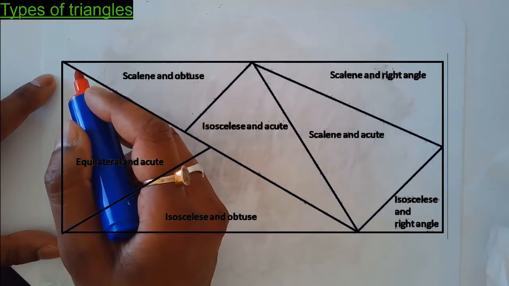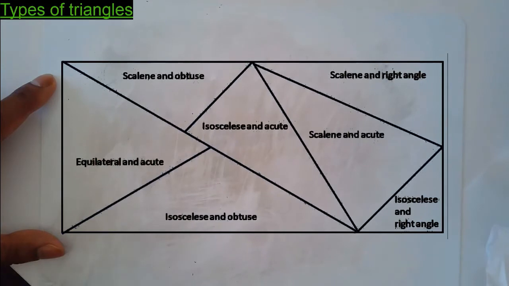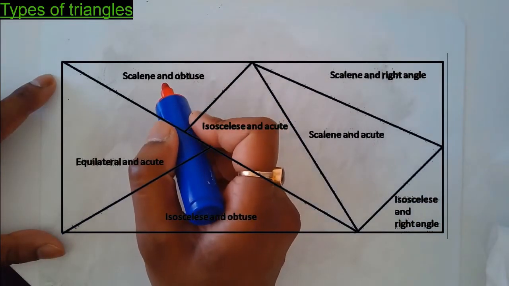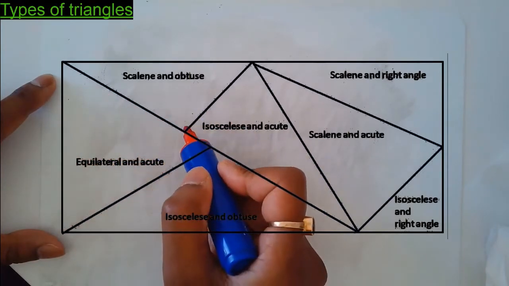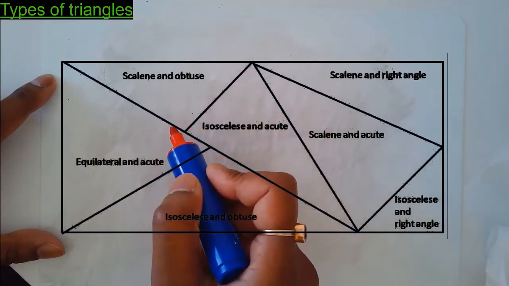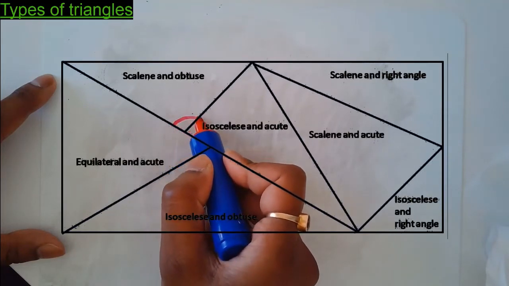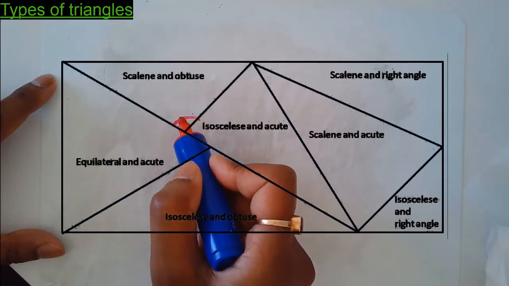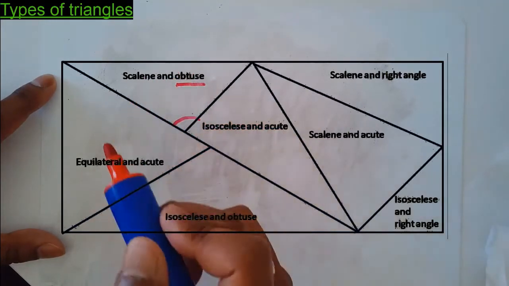So when all three sides are different sizes, it's a scalene. And the reason why we call it obtuse is because one of these angles is more than 90 degrees. Is it this one over here? Right, this one is more than 90 degrees. That's why we call it scalene obtuse.